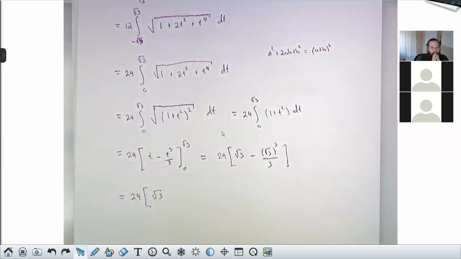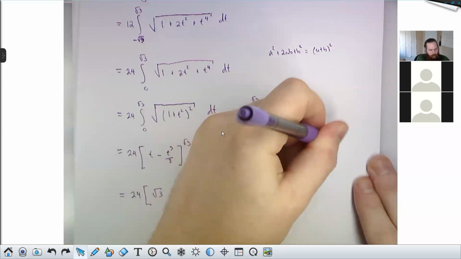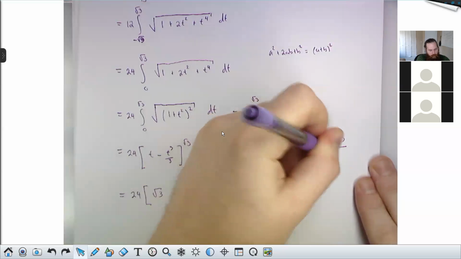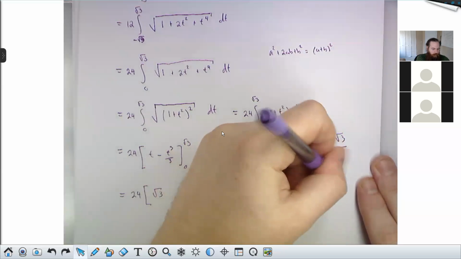That would be a problem. That is an even function, right? Maybe my symmetry argument gave me some trouble. Root 3 cubed. Let me just be sure. Root 3 times root 3 times root 3 all over 3 is definitely 3 root 3 over 3, right?